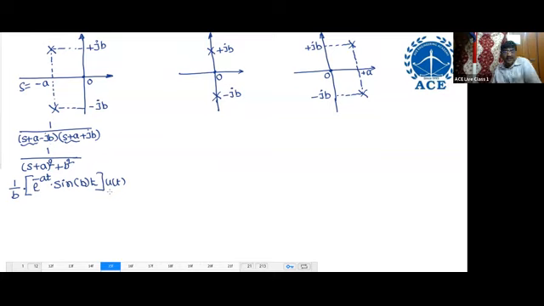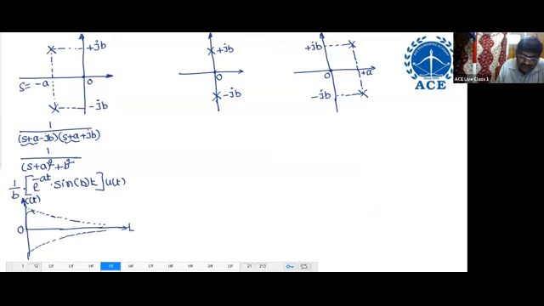Now draw the response. How to draw the response? First draw for the real part. So what is the real part of the response? Exponential decay. Fold with respect to 0, the same envelope will get below 0.